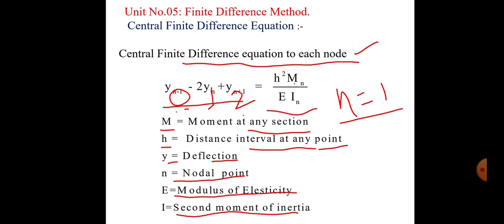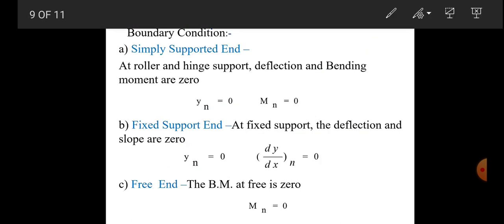Now the boundary conditions depend upon the type of problem. First is a simply supported end. For a roller or hinge support, the deflection and bending moment are zero. So at that support, deflection and moment are zero.